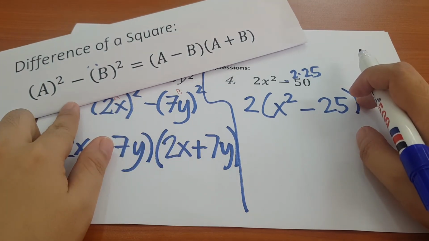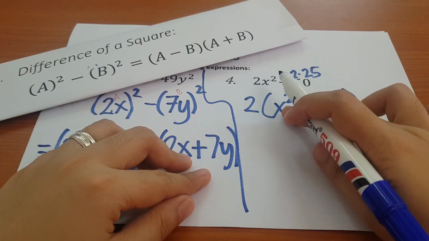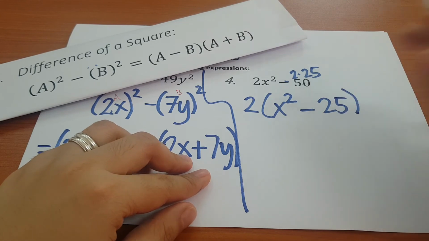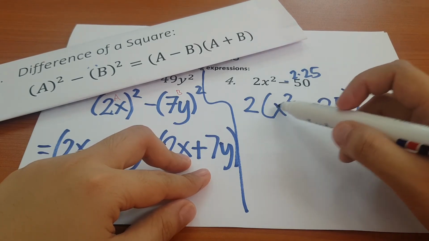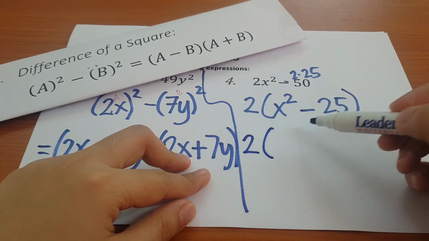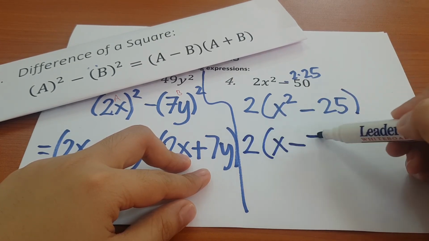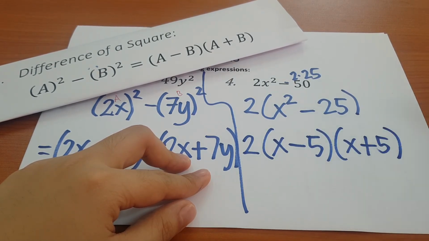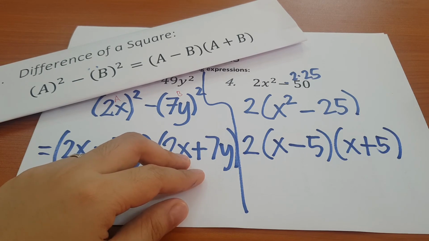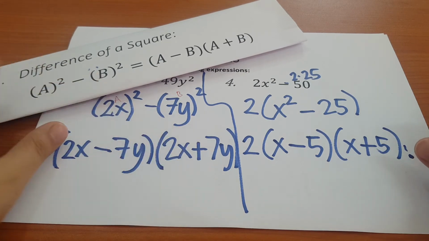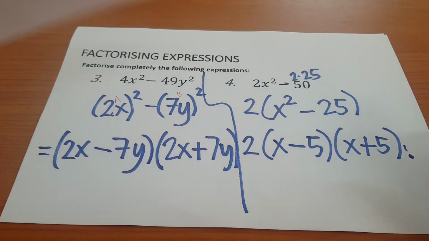Maybe I could rewrite it as a difference of squares. x and x is a square. 5 and 5 is 25, so you can rewrite them as squares. So this will be 2 times x minus 5 and x plus 5. So this is the complete factored form of the expression. So method 2 is done.